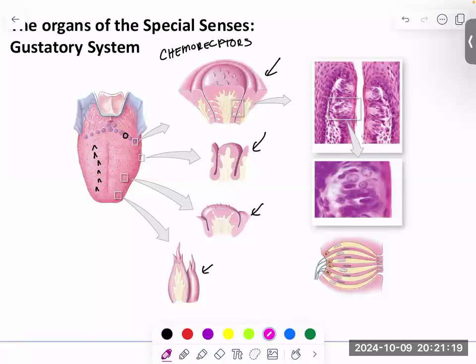So what happens is when you eat your food, it has to fall in these little pits inside your taste buds. Poor hygiene, by the way, is going to make these smell horrific. Tongue hygiene is important. They will get stuck in there and rot away.